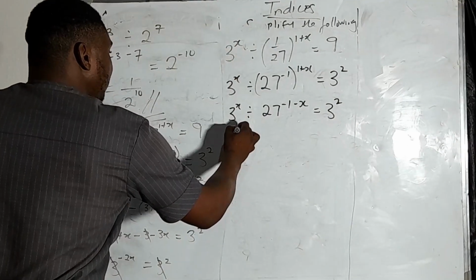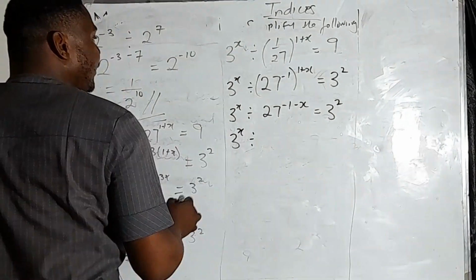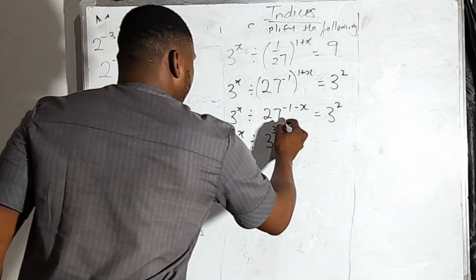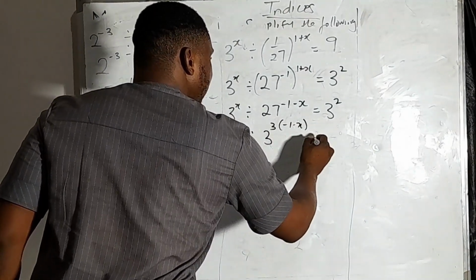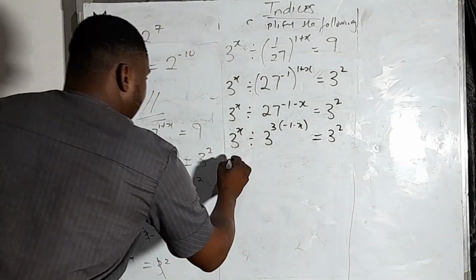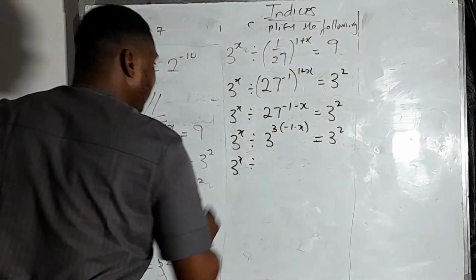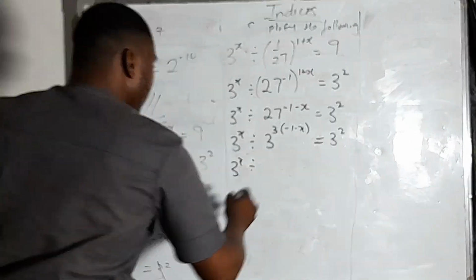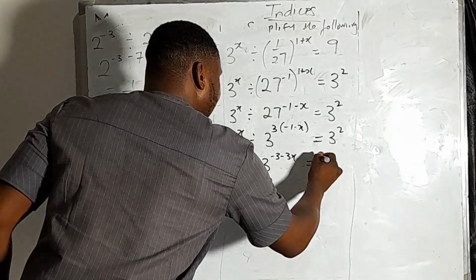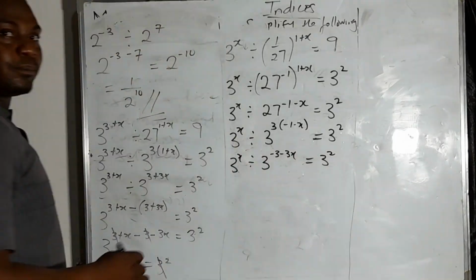So again we have 3 raised to the power x divided by 27, which is the same thing as 3 raised to the power of 3, to the power minus 1 minus x, equals 3 raised to the power of 2. Then applying the power law, we have 3 raised to the power x divided by 3 raised to the power minus 3 minus 3x equals 3 raised to the power of 2.